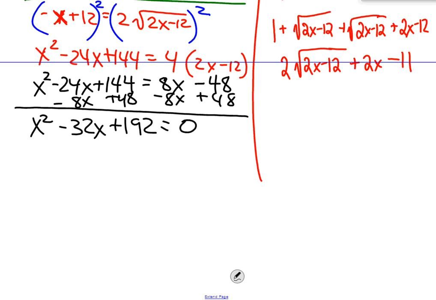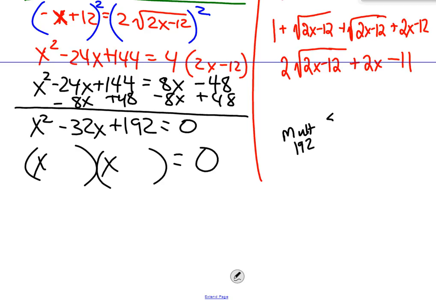Do you agree? Could I use the quadratic formula if I wanted to? I can do whatever works the best for me. What do you want to do? Do you want to just figure it out? Okay, go ahead, figure it out. I need something that multiplies to be 192 and has a sum of negative 32. I want to know who has it first.